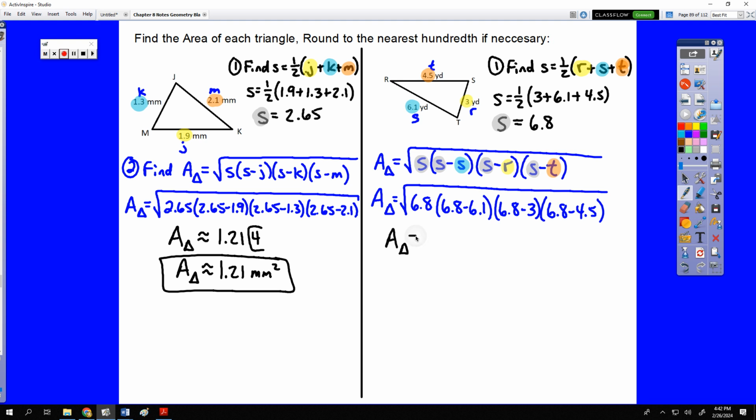Again, carefully type that in, and we get that the area is approximately 6.449, which we would round up to 6.45, and our units are square yards.